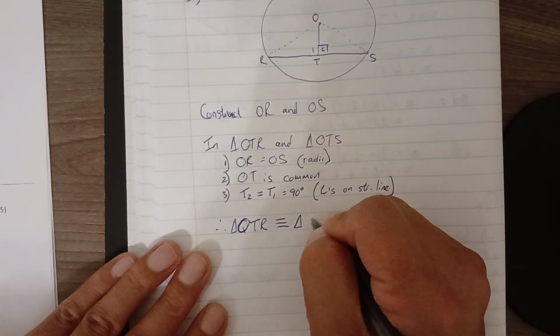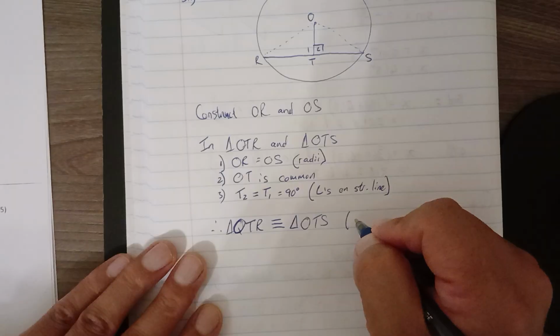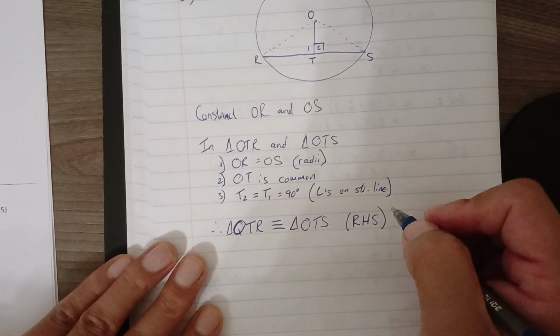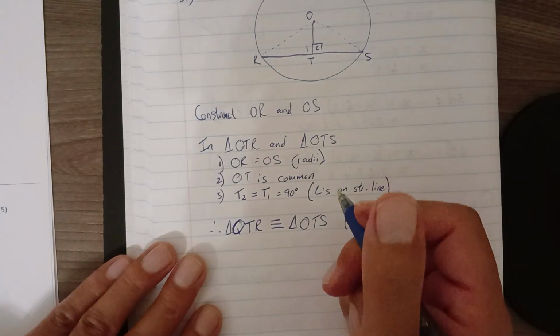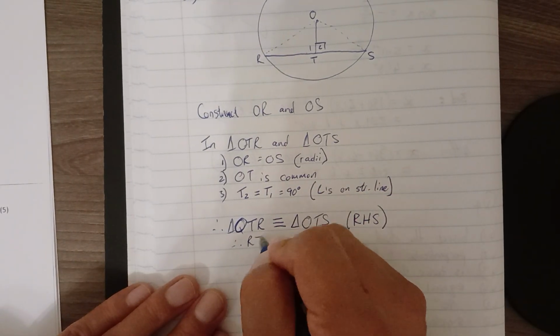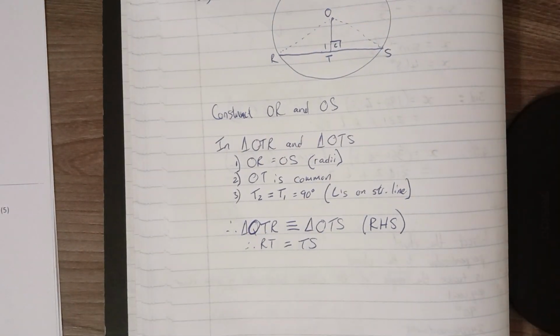OTR and OTS are congruent. Why? Because of right angle hypotenuse side, and therefore RT is equal to TS. Okay.